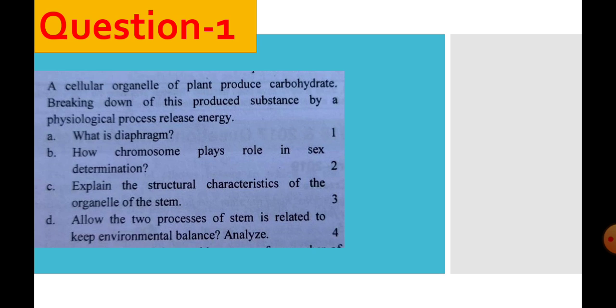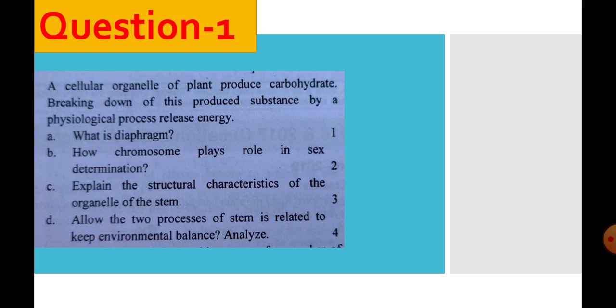In C, before starting C, we have to read the stem, because C and D are according to the stem. In the stem, a cellular organelle of plant produces carbohydrate. That is, an organelle inside the cell of a plant produces carbohydrate or food.